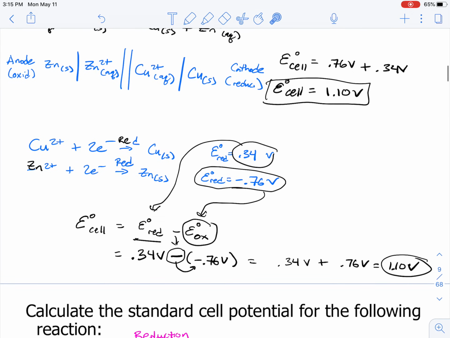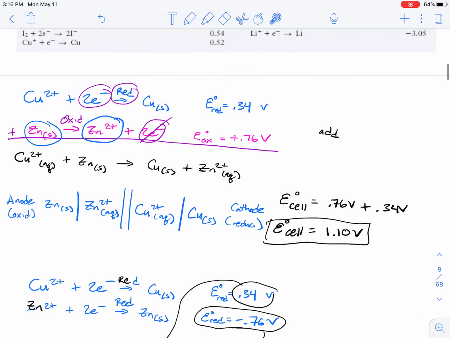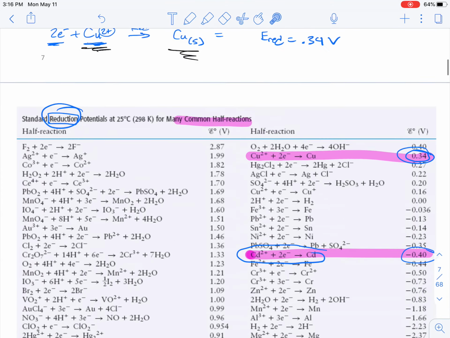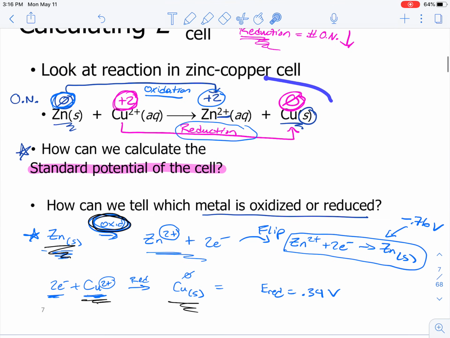And once again, when you guys are calculating your standard cell potential, you need to be able to identify which of these two reduction potentials is going to go into reduction and which of these two is going to go into oxidation. And once again, that can be solved by determining your oxidation numbers and comparing them between reactants and products.